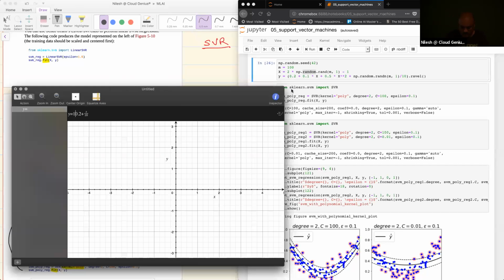So 1 by 2 times X square, plus. I think that captures it. So I will print it. So that's your graph.